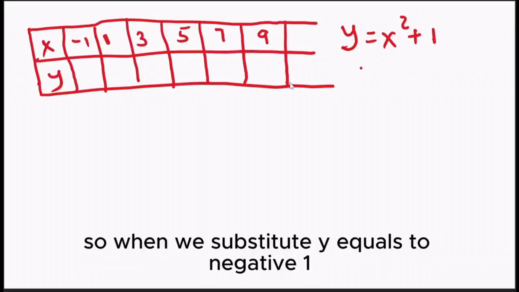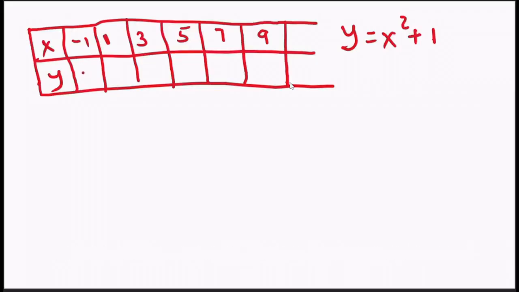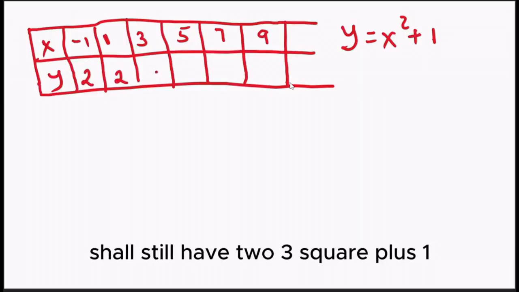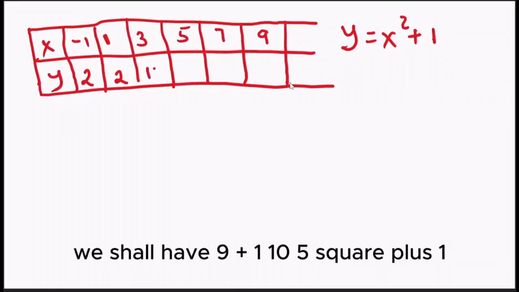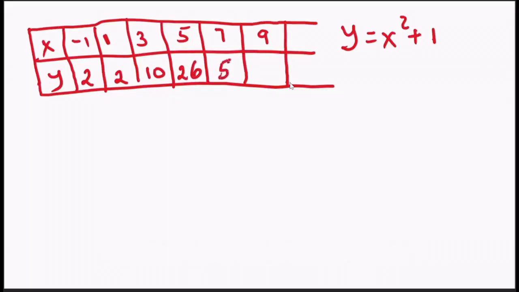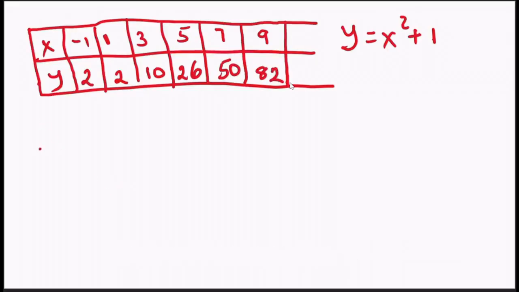So when we substitute x equals -1, we shall have -1 squared plus 1, shall have 2, 1 squared plus 1, shall still have 2, 3 squared plus 1, we shall have 9 plus 1, 10, 5 squared plus 1, we shall have 26, 7 squared plus 1, that is 50, 9 squared plus 1 is 82.